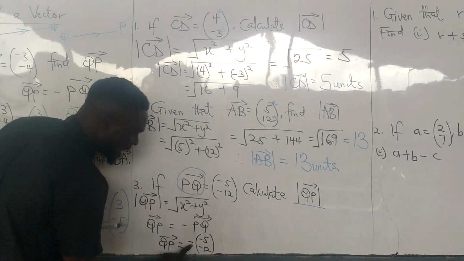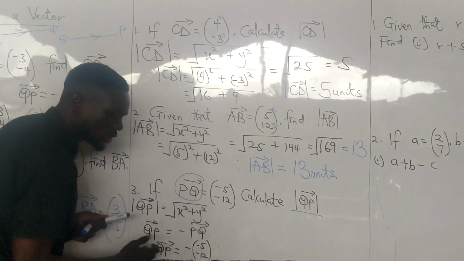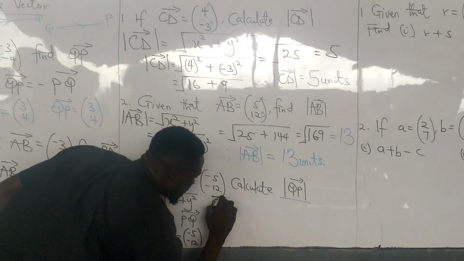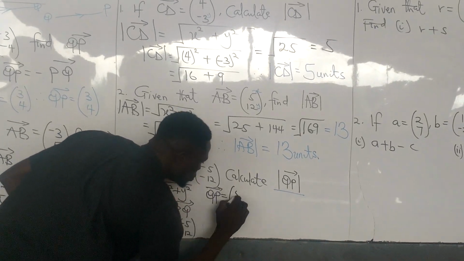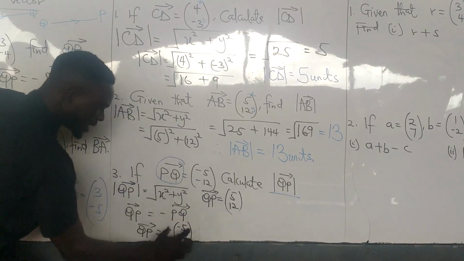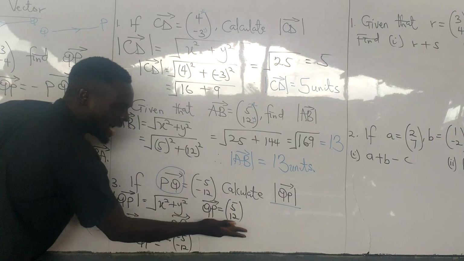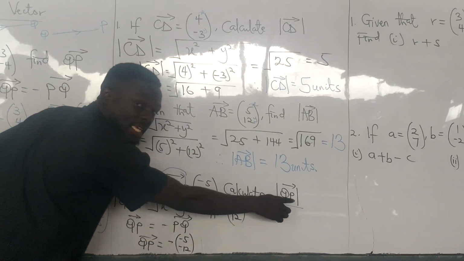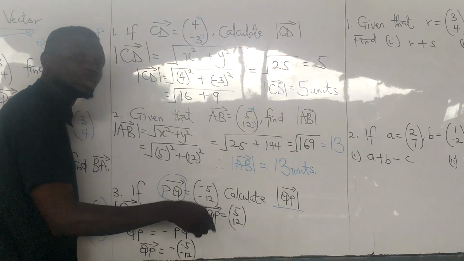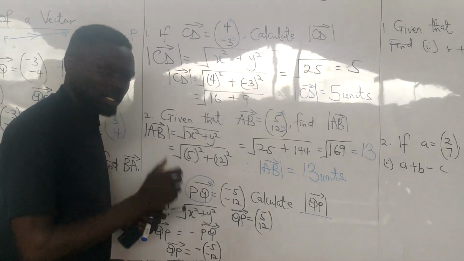Then, negative multiplies negative, giving you positive, also giving you positive. So I can say vector QP is equal to 5, 12. Now I can find the magnitude of QP because the question is asking for it.